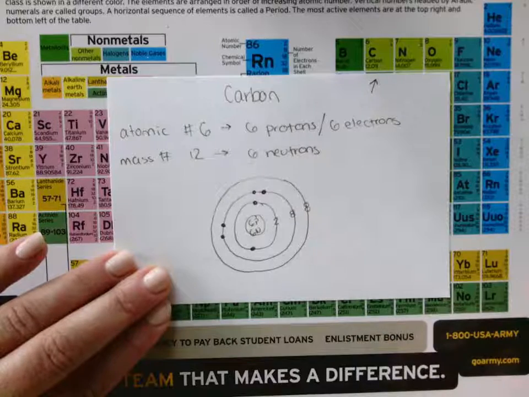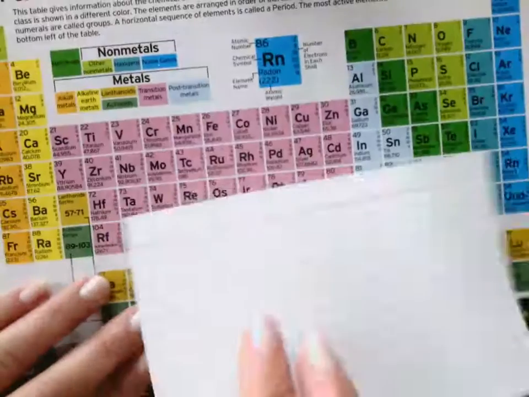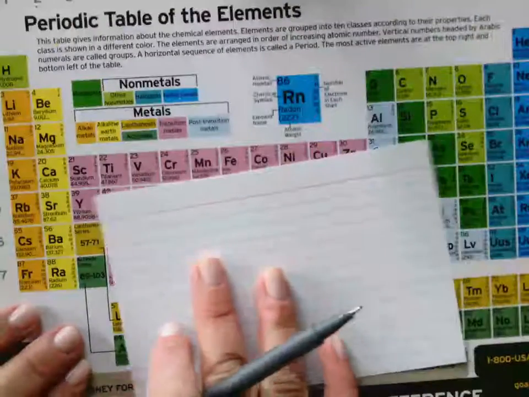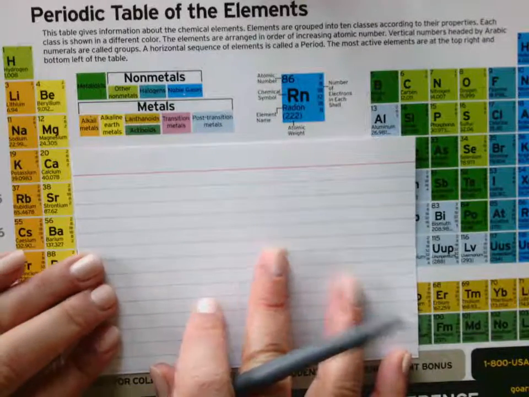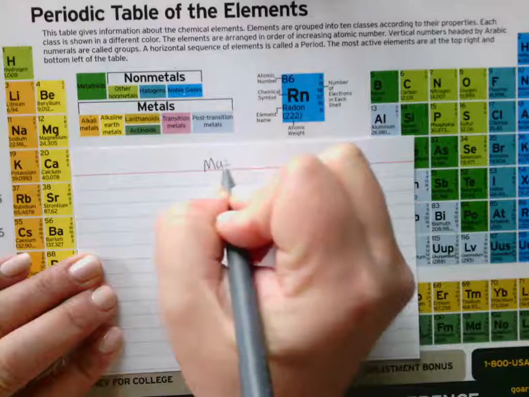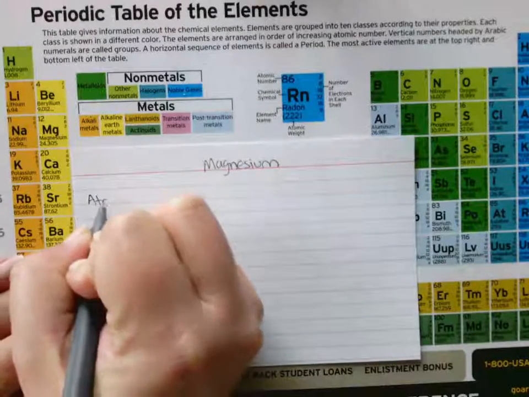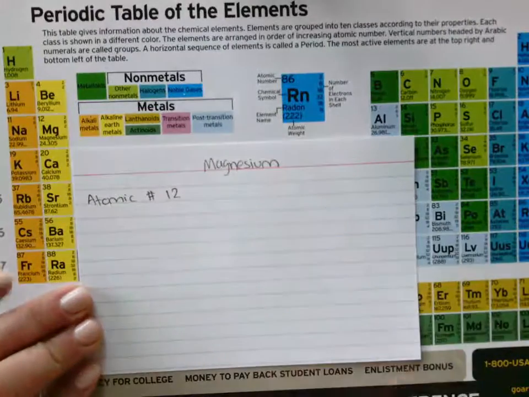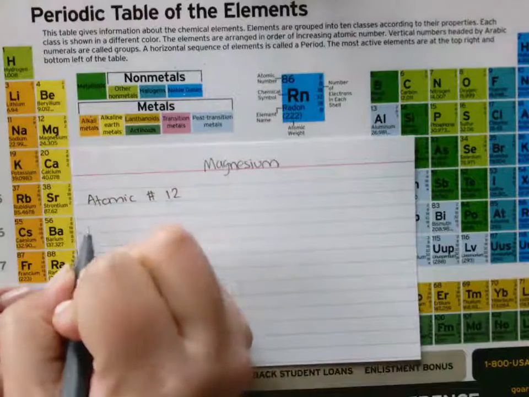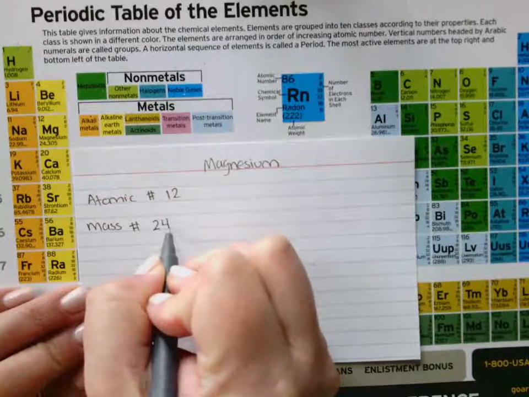Okay, we're going to look at one more example. We'll look at magnesium. So magnesium's over here on the periodic table. It has an atomic number of 12, and it has a mass number of 24.